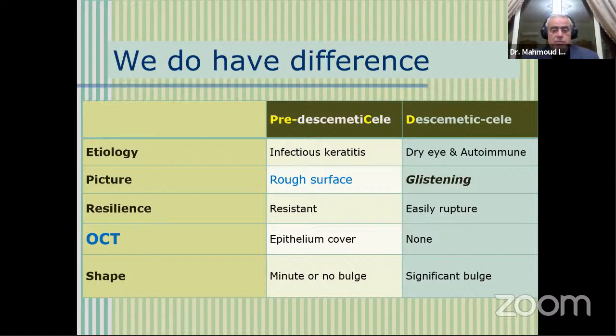The only way to be sure is the OCT. We will have epithelium cover in the pre-desmetic seal, and there is no epithelium in cases of desmetic seal. Usually it is minute or not bulging, but in cases of the desmetic seal, always bulging.